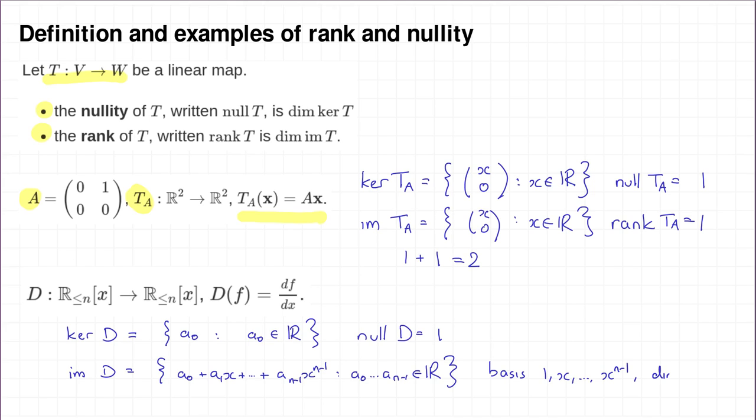So the dimension is n, and therefore the rank of D, being the dimension of the image, is equal to n. So again, if we add the nullity and the rank, we get 1 plus n, and that is the dimension of the domain of our linear map D.